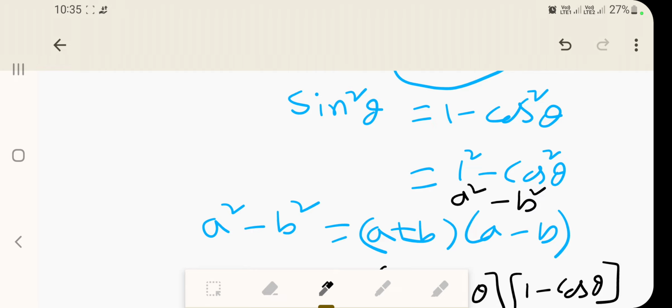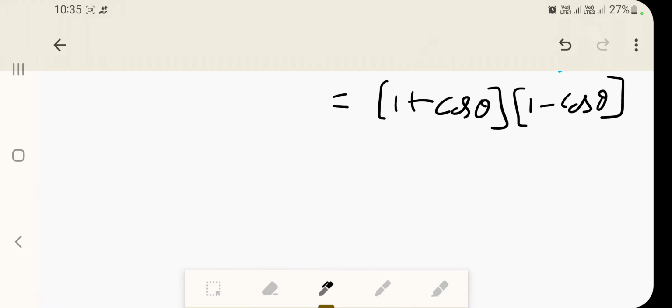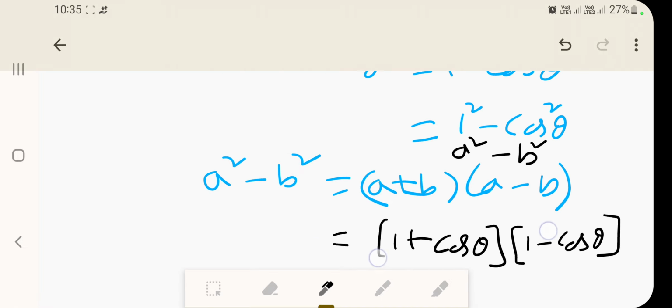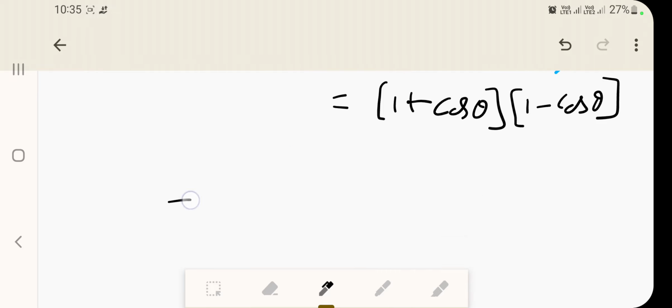So in the denominator we first replace sin square theta with 1 minus cos square theta, then that 1 minus cos square theta is replaced with (1 plus cos theta) into (1 minus cos theta), right?